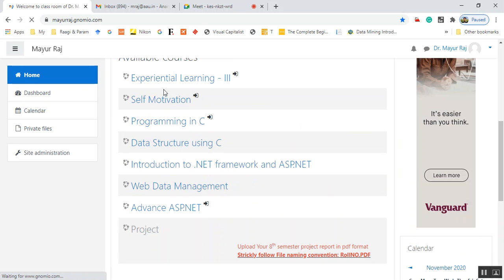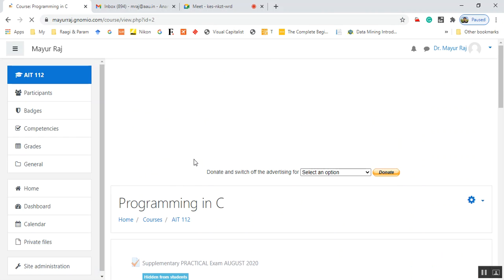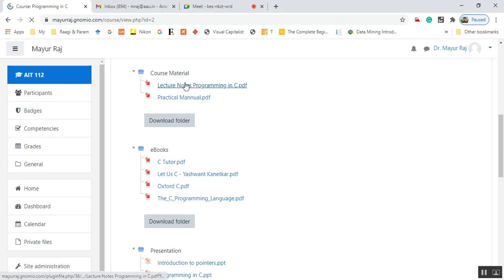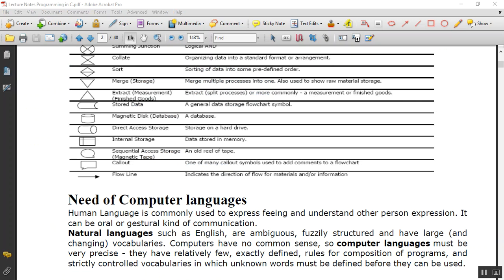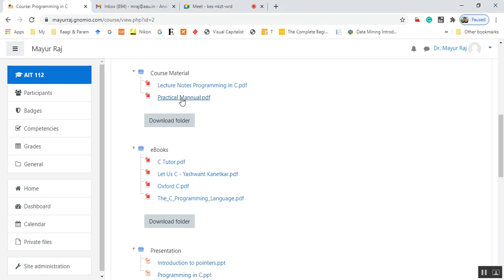You are supposed to create a login in this, and then in Programming in C you can find lecture notes, which I am showing you right now, and you can also get the practical manual where there are around 80 to 85 programs listed in it, and you are supposed to write your programs from this, or you are supposed to create a journal or a file for this practical manual.